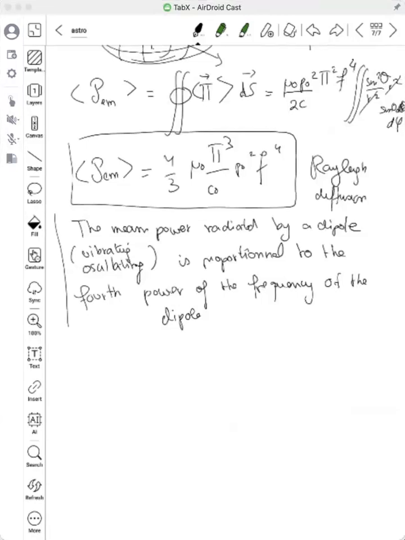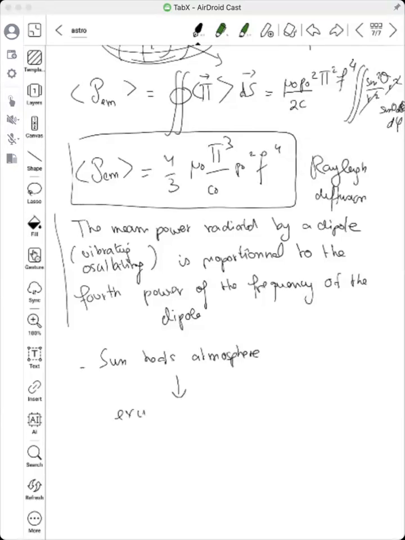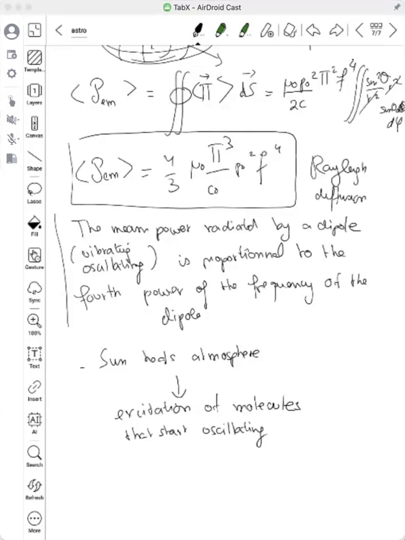So what happens is that the sun is actually heating the atmosphere, and this leads to the excitation of molecules in the atmosphere, which start acting as oscillating dipoles. And the moment they start oscillating, they radiate energy in all directions.